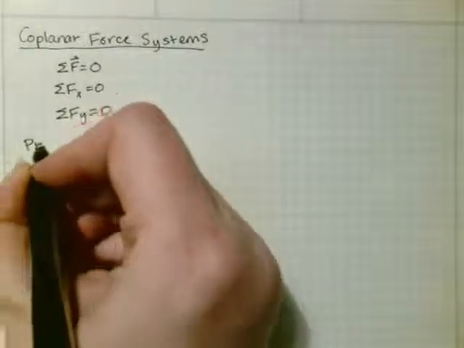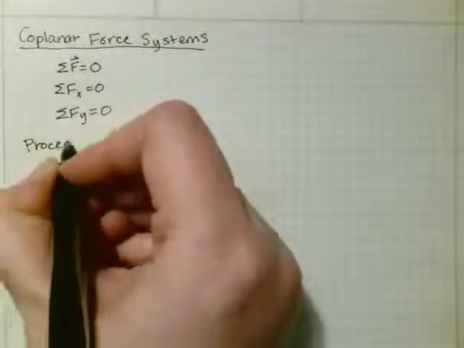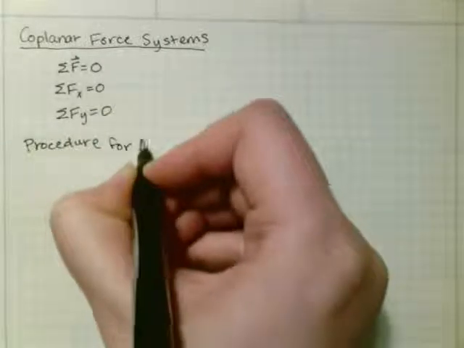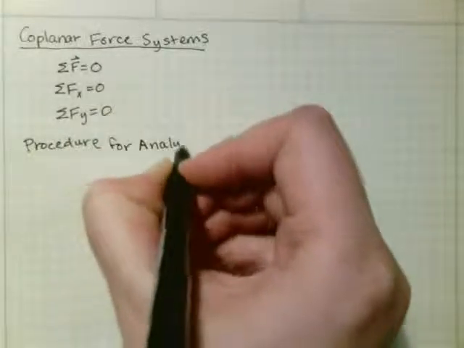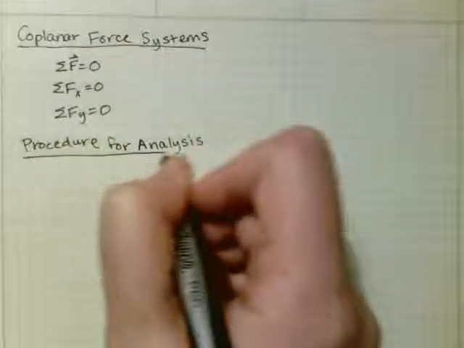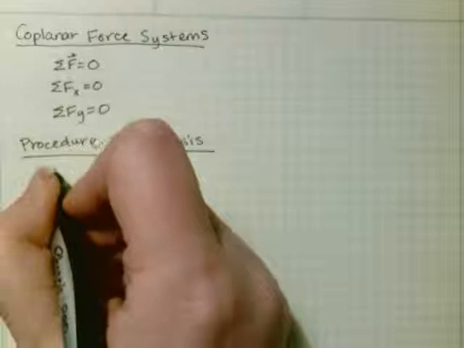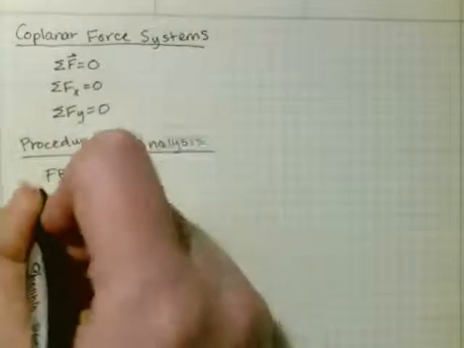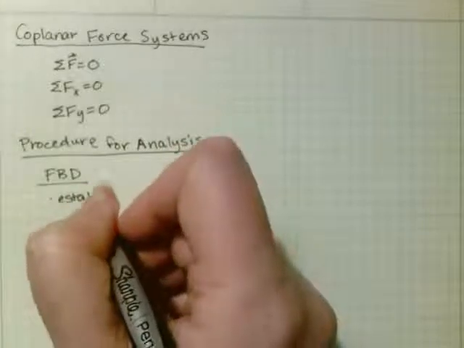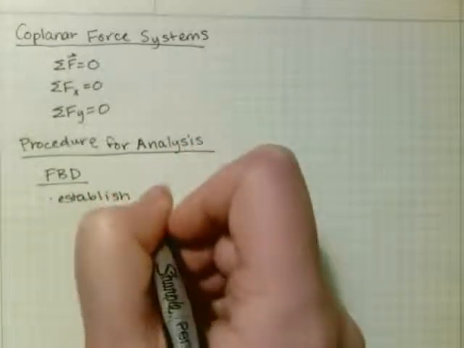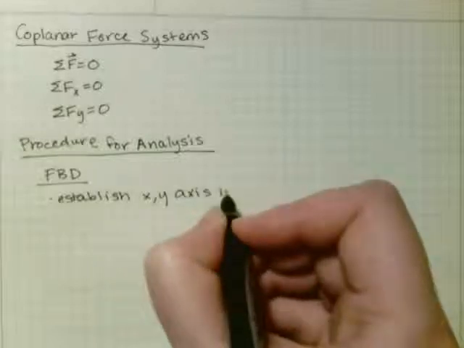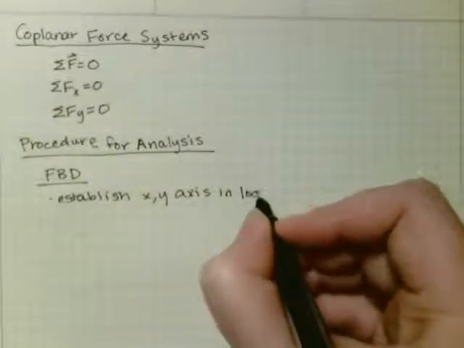Okay, so let's look at our procedure for analysis. First, you're going to do the FBD. You're going to establish the x and y axes in a logical orientation.